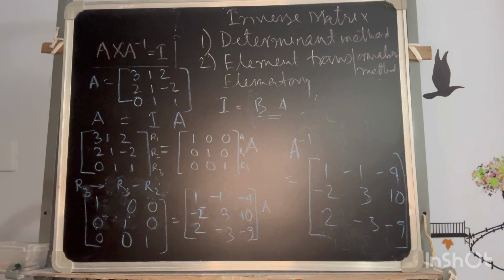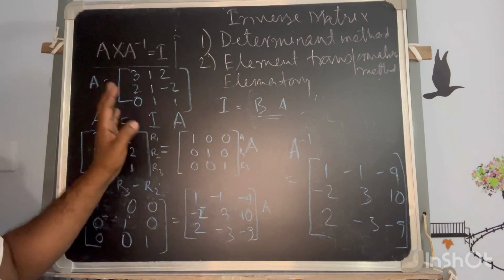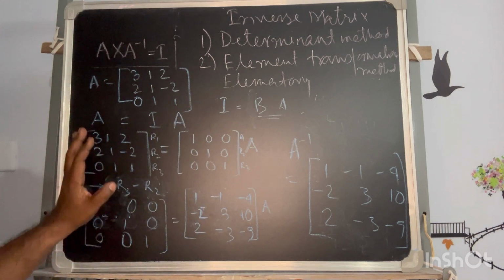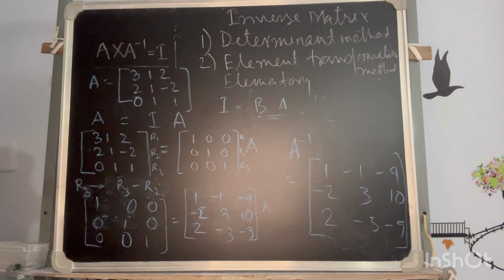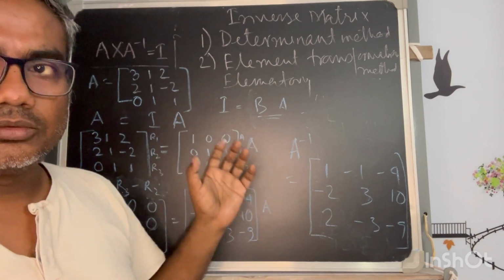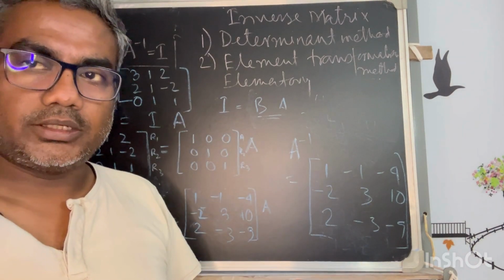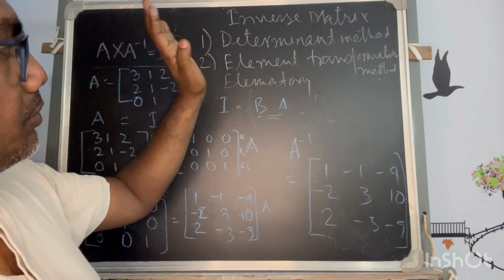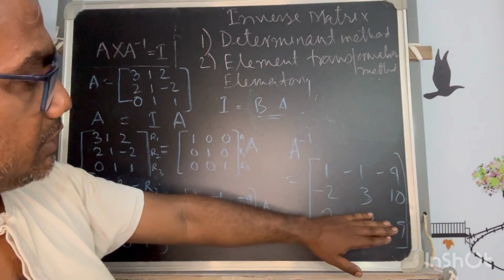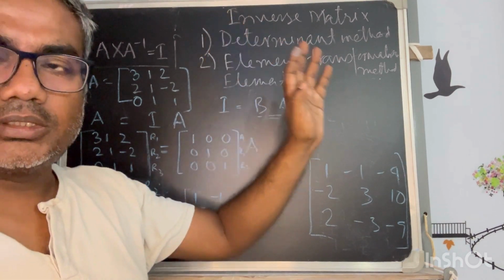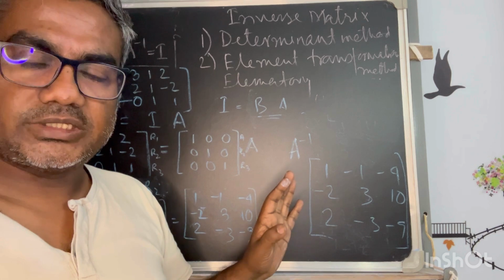Okay, so this is the second method of doing the inverse. Okay, so just in the next class I will take another such example to give it more clarity, and after doing that I will keep the result and I will compare with this method whether the results are coming the same or not.